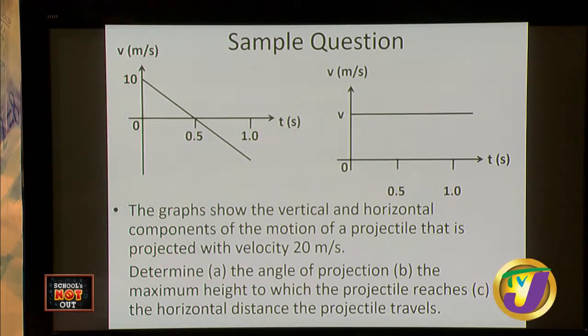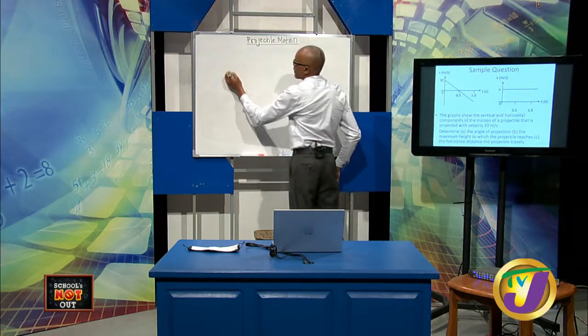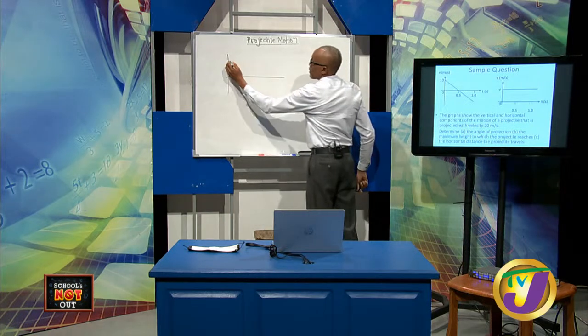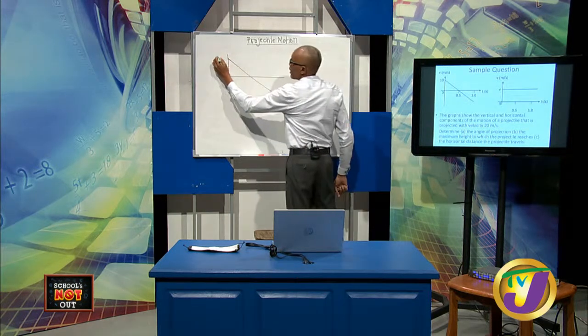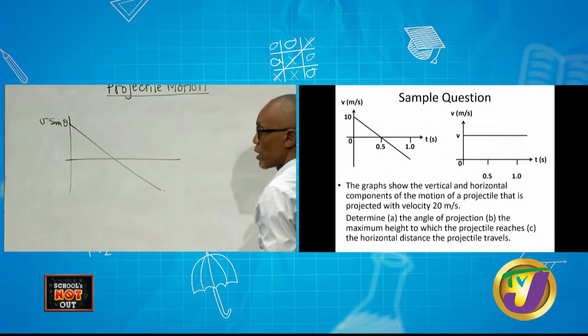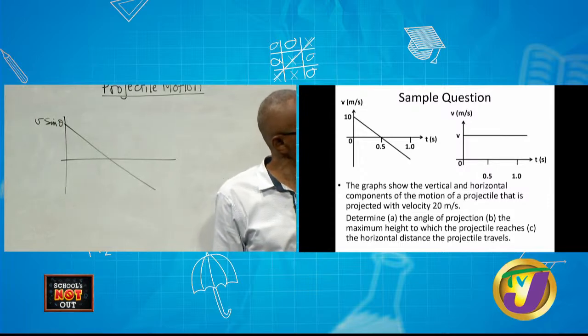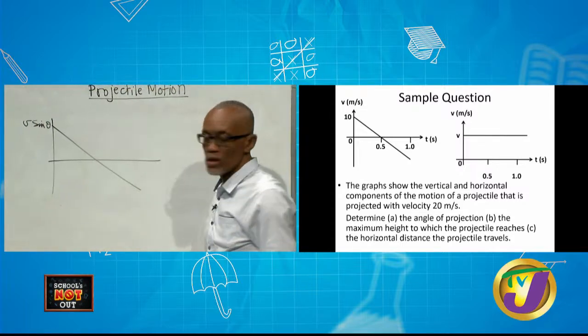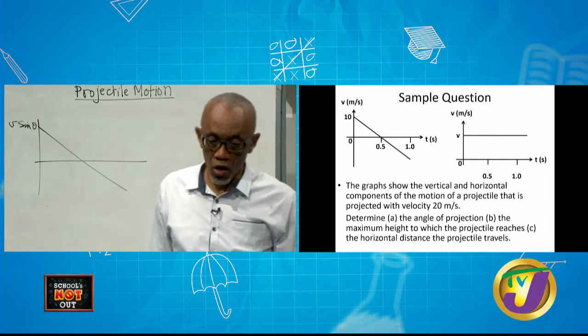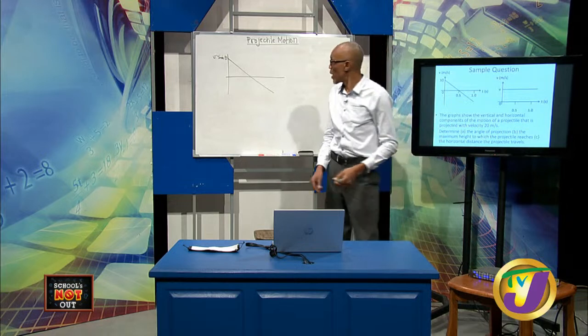So if we recall that this here was v sine theta, where v is the velocity of projection. In this case, this here is 10, and we said it is projected with a velocity of 20 meters per second, so v is 20.